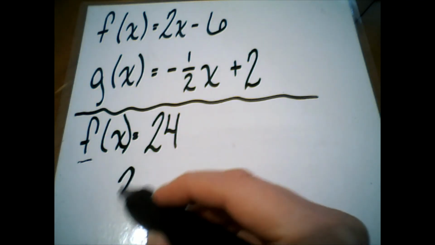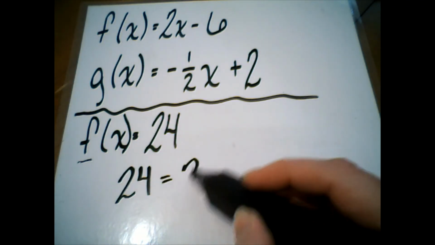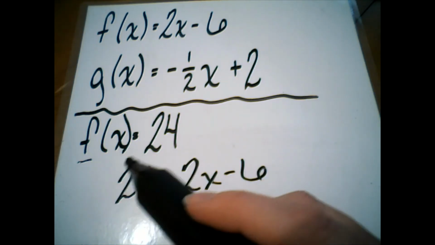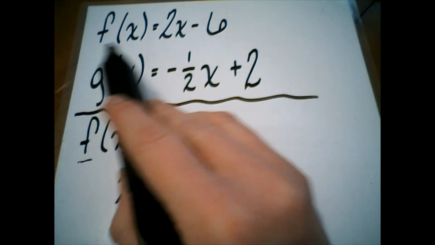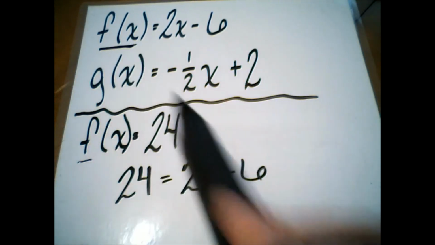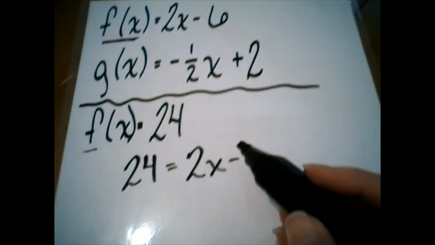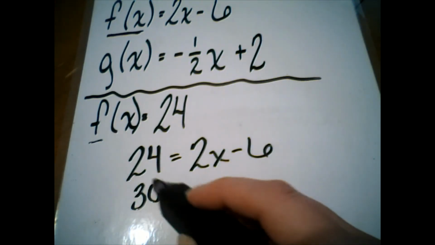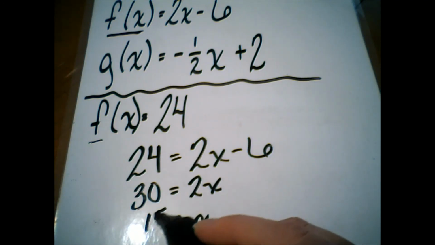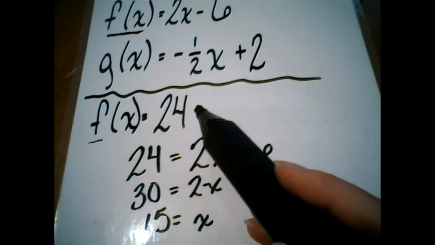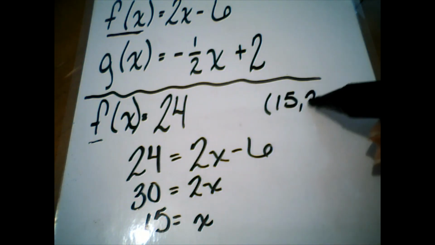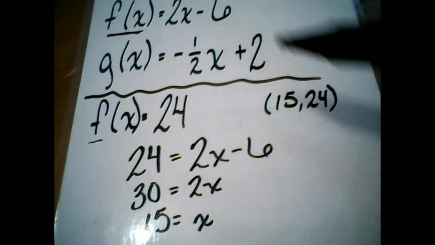So we would write here 24 is equal to 2x minus 6, because we know that 24 is f of x, and that's basically saying y is 24, because in function notation, this notation right here replaces the y value. And then we simply can solve. We add 6 to both sides. We get 30 is equal to 2x. We divide by 2 and we say that x is 15. So when f of x is 24, x is 15, this point 15, 24 should satisfy that equation.